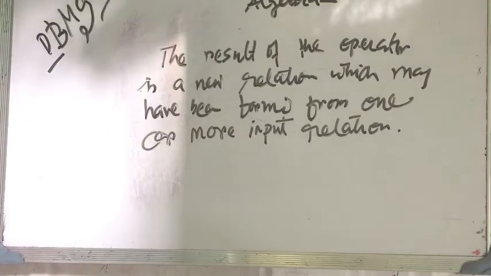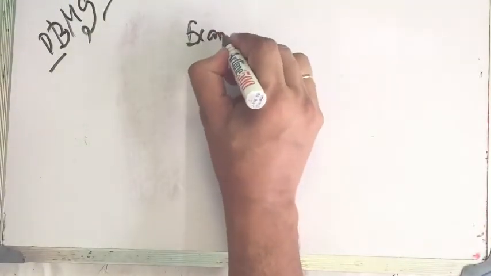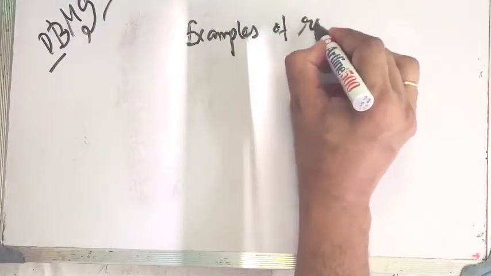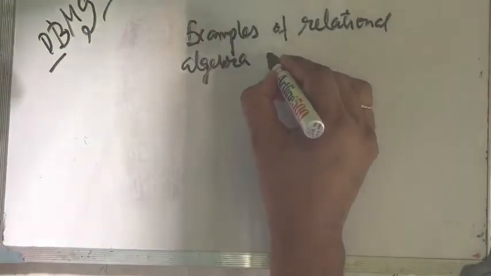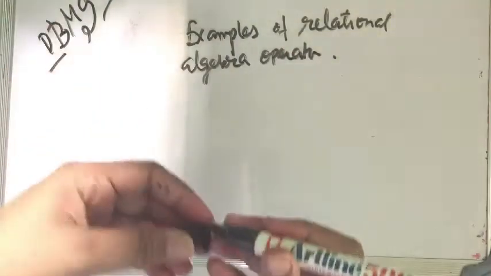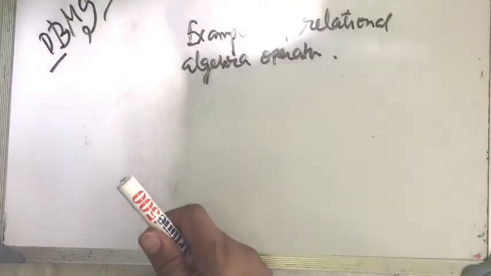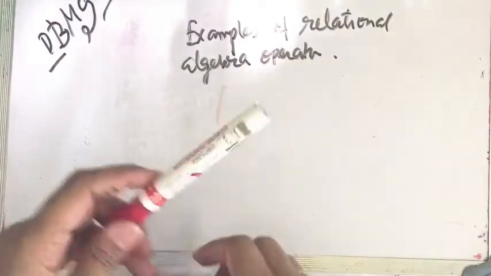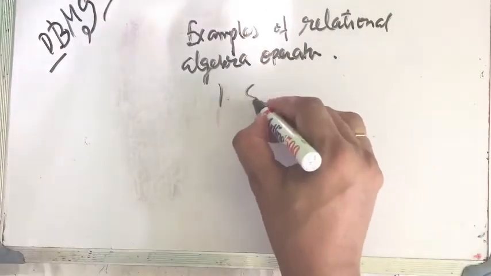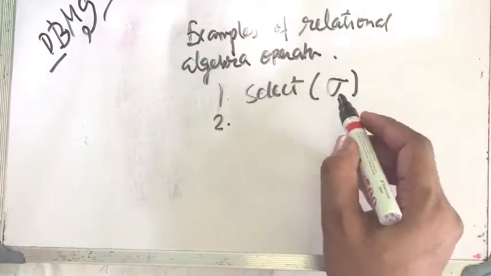There are different relational algebra operators. Examples of relational algebra operators: number one is select, denoted by sigma, S for sigma.